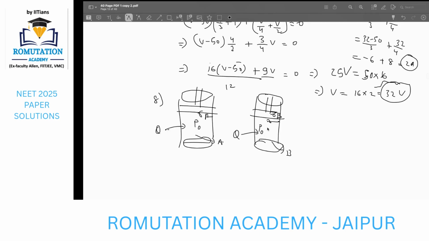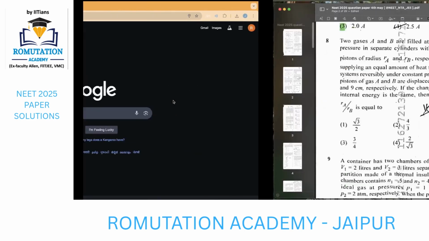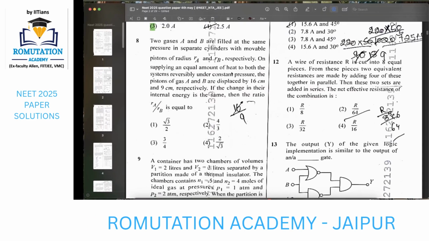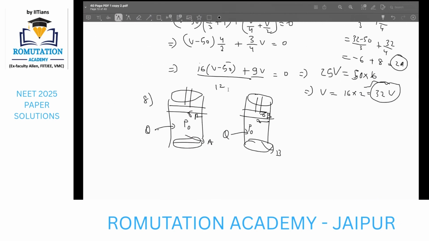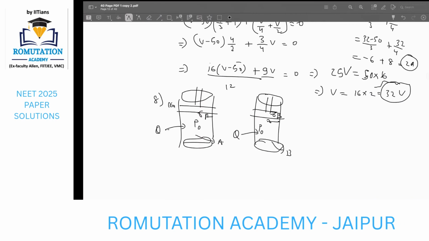So once we supply them heat, this will try to increase their internal energy, but as we saw, the change in internal energy finally should also be the same. So how might that be happening, and all that is happening at the constant pressure. So the first one is getting displaced by 16, while the other one is getting displaced by 9 centimeter, right?